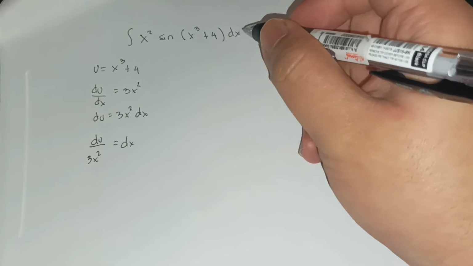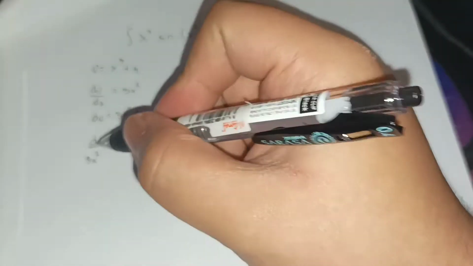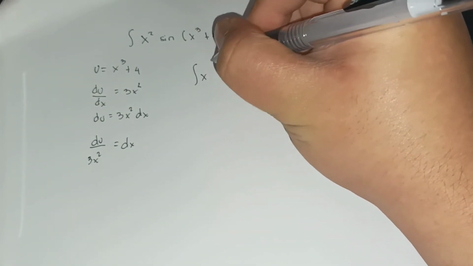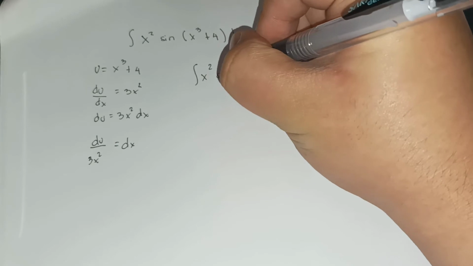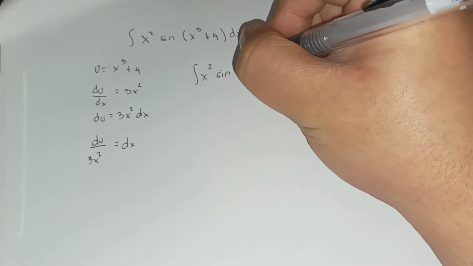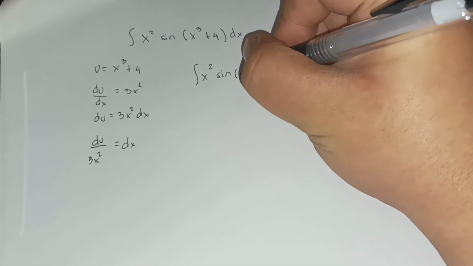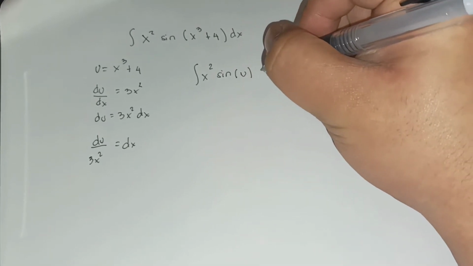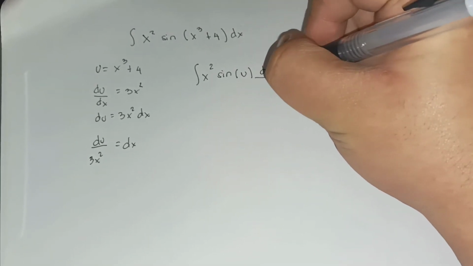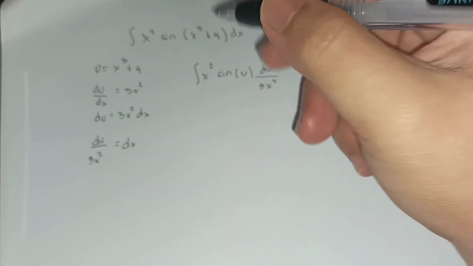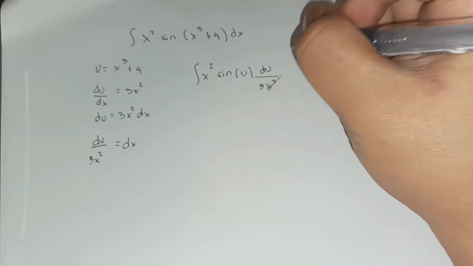We will replace dx with this. Bring down x squared sine, and instead of this expression we substitute u, so it's going to be u times du over 3x squared, and then both of them are x squared, so you just cross them out.